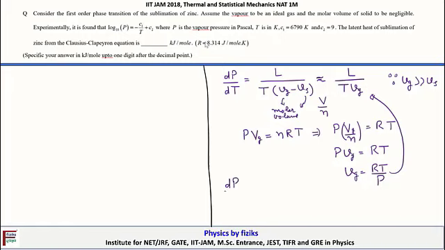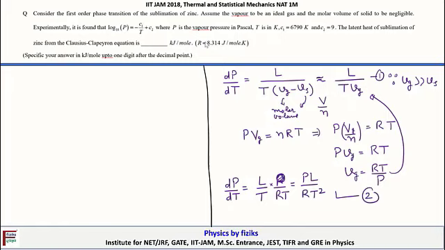So dP by dT is equal to L by T times P upon RT, so this is equal to PL upon RT square. Let's call this equation 1 and this equation 2.